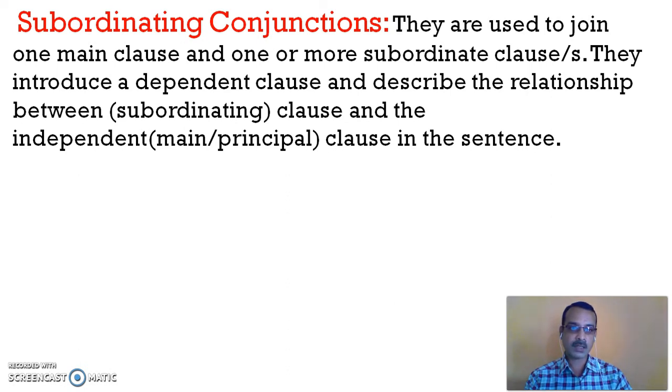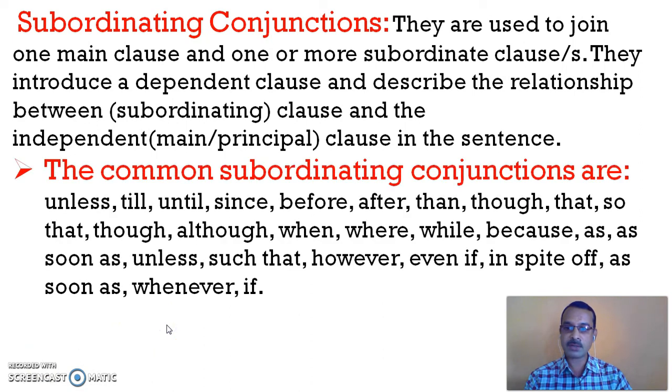Subordinating conjunctions are used to join one main clause and one or more subordinate clauses. They introduce a dependent clause and describe the relationship between the subordinate clause and the independent or main or the principal clause in a sentence. Now we can have the list of subordinating conjunctions here.